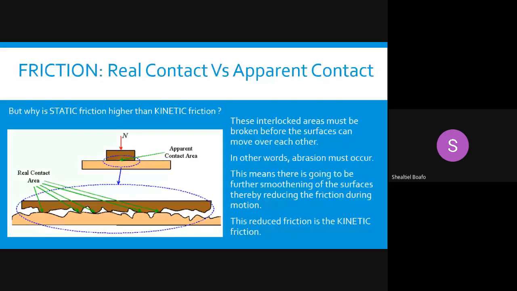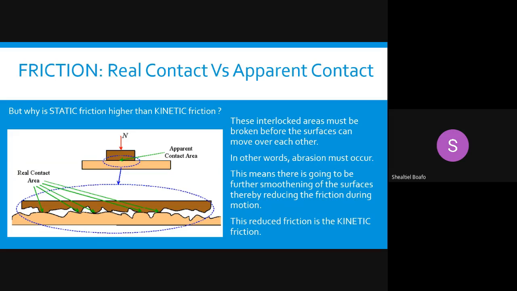So this in turn brings us to what we call kinetic friction. The friction has now adopted a new, reduced value, which is the kinetic friction. Kinetic friction is the friction experienced when the two surfaces are in motion after the force is applied. It has a lower value than the static friction, because the interlocking between asperities has been broken, or there has been abrasion between the two surfaces.